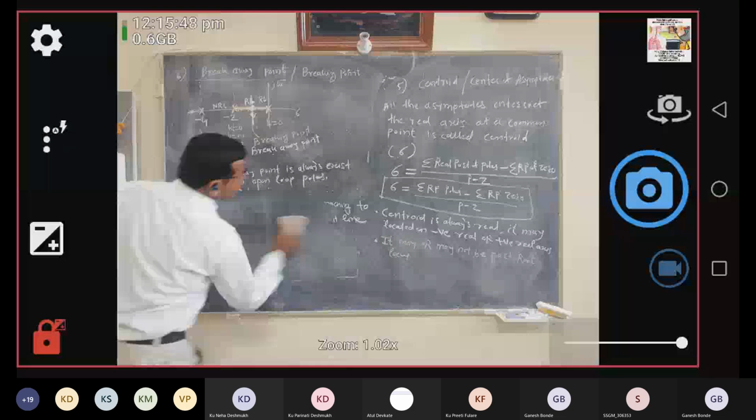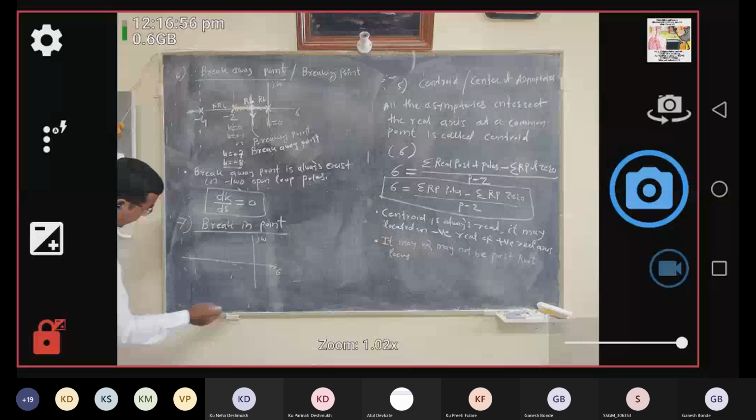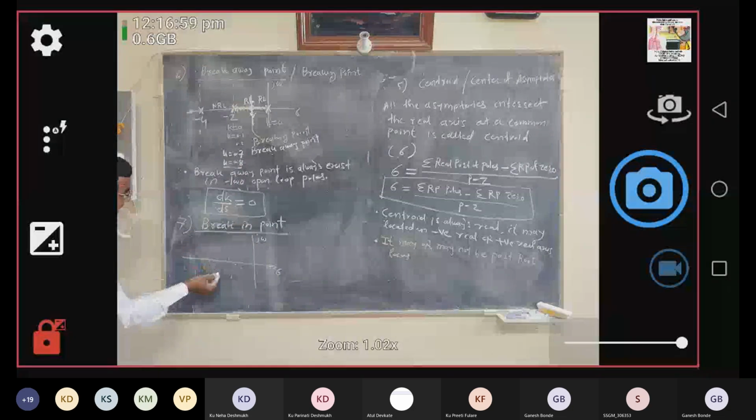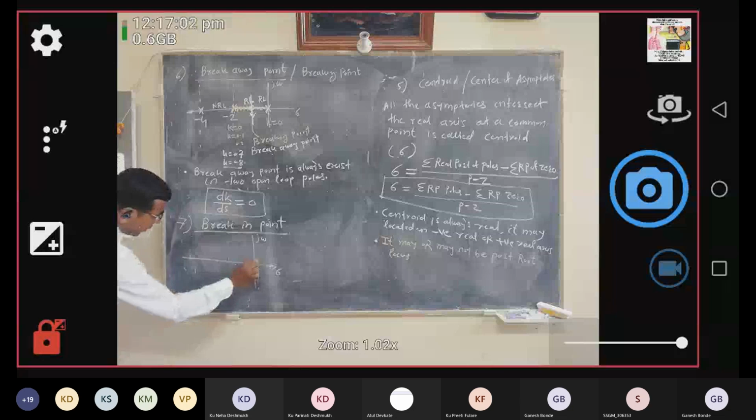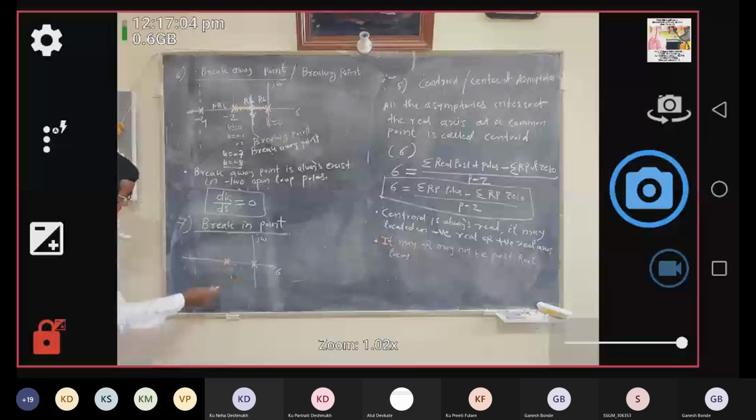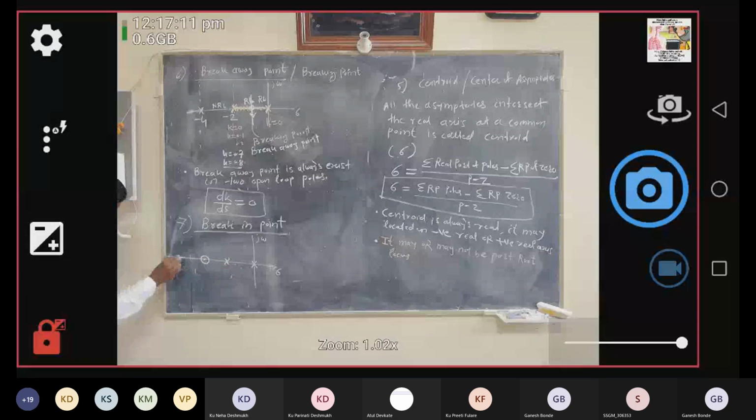So this is your sigma j omega axis. Let's say we take these two poles here, and here we have two open loop zeros like this. A dot and a circle indicate the notation for open loop zeros.